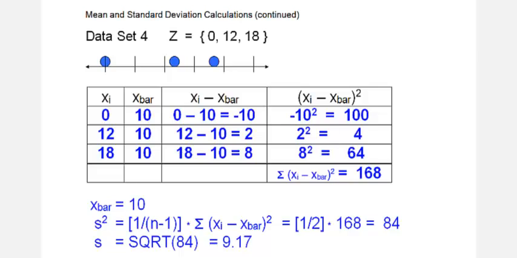You will not be required to compute the standard deviation by hand. So again, this video was just to give you some insight on how standard deviation is computed, but more importantly, what does standard deviation measure? And it measures the spread.